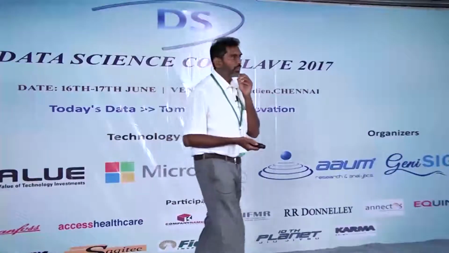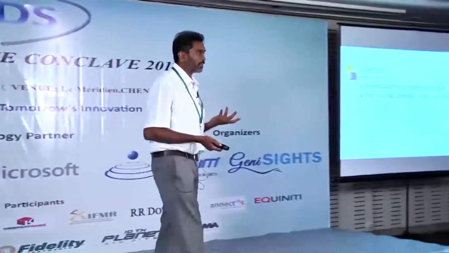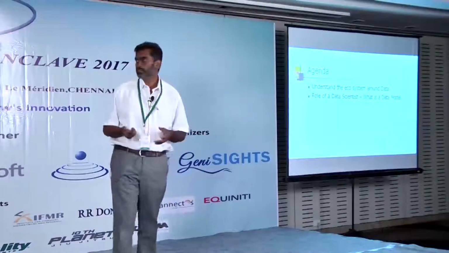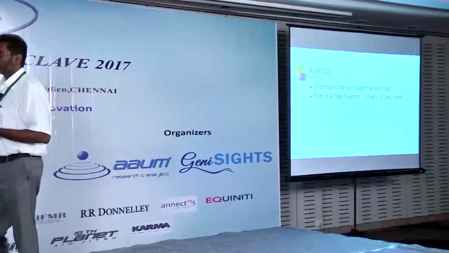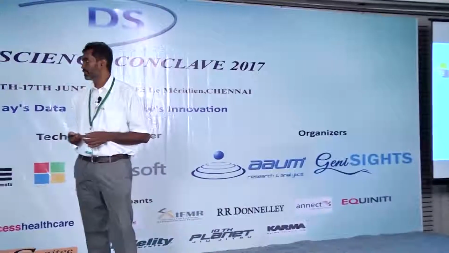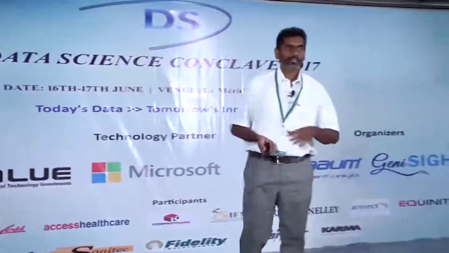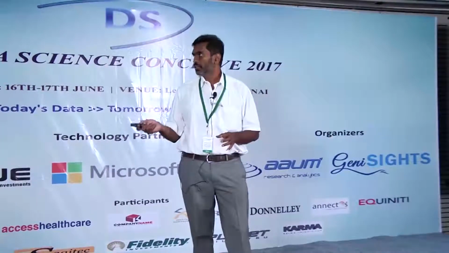Everyone has started talking about data science, data scientist. So what is the role of the data scientist, and what is a data model? We'll try to understand some of those things. And machine learning and deep learning, again, people keep talking about it. So we'll try to understand what machine learning and deep learning are with respect to the data. This is what I'll try to do.